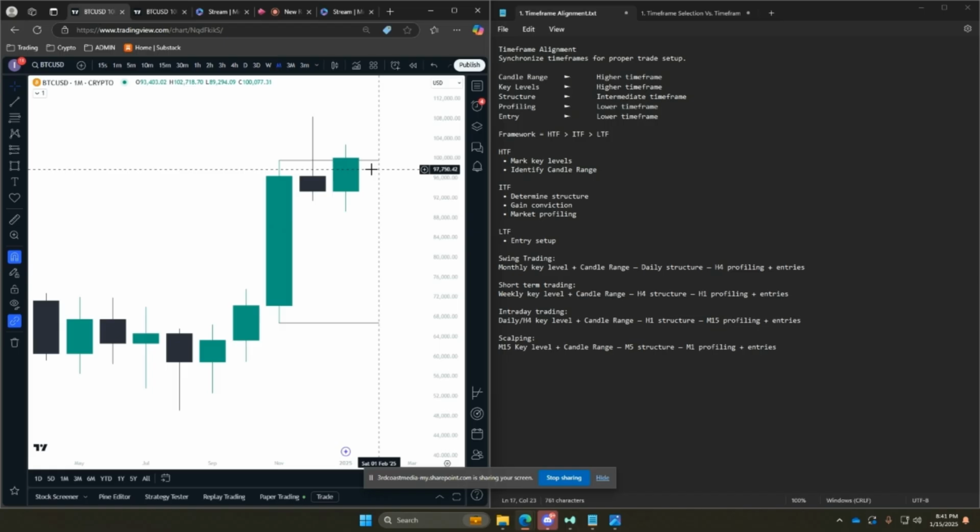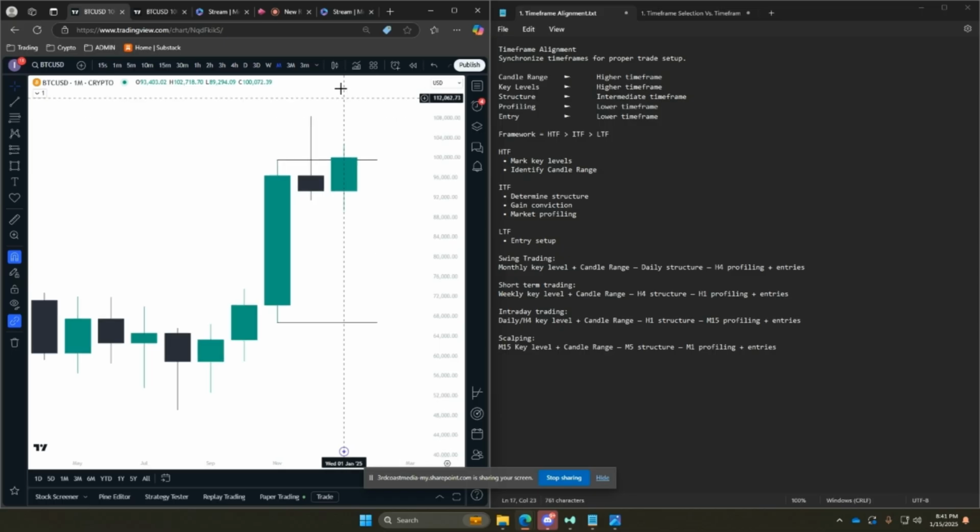Certain time frames go together. So in this case, we're just choosing the monthly as our higher time frame. So the daily time frame would be the intermediate time frame, and the lower time frame would be the 4 hour time frame.